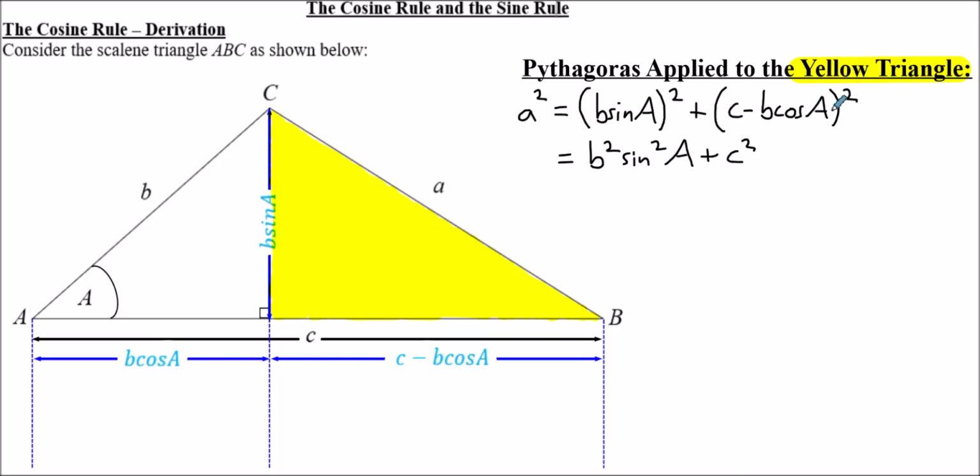Squaring a bracket, we double the product of the C and the minus B cos A, so we get minus 2BC cos A. And then it's minus B cos A multiplied by minus B cos A, so we get plus B squared cos squared A.